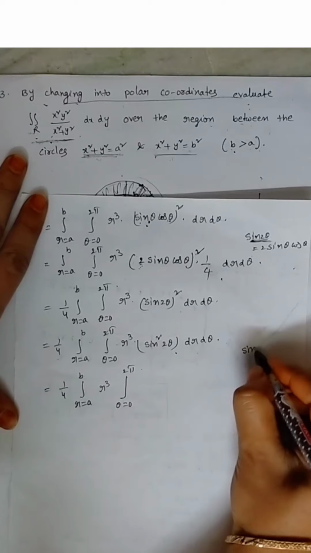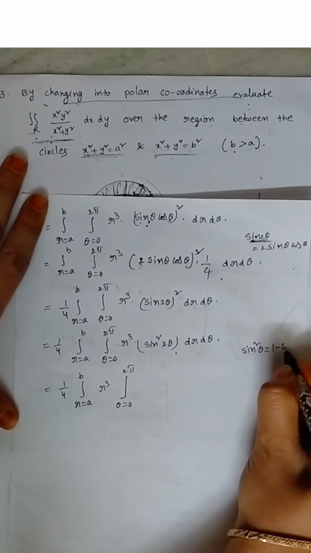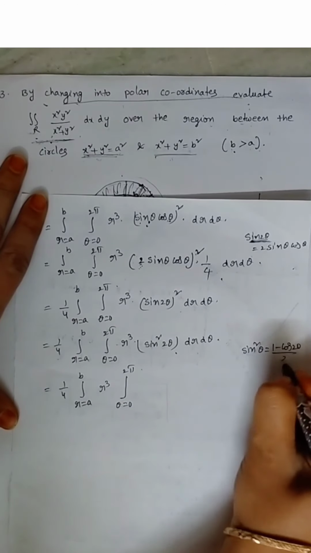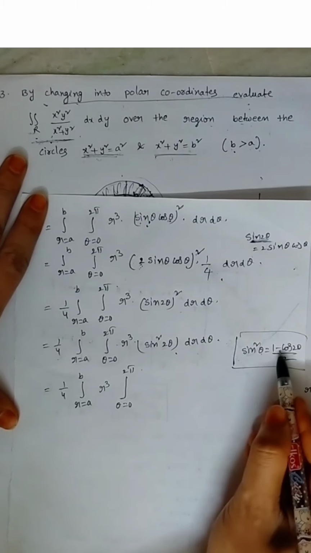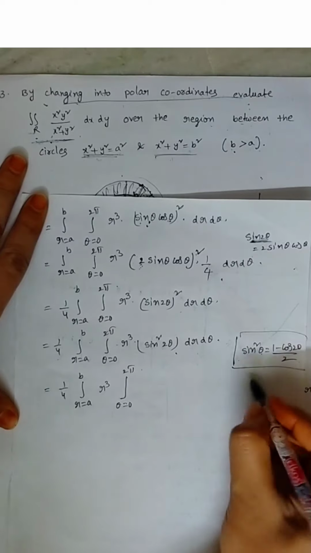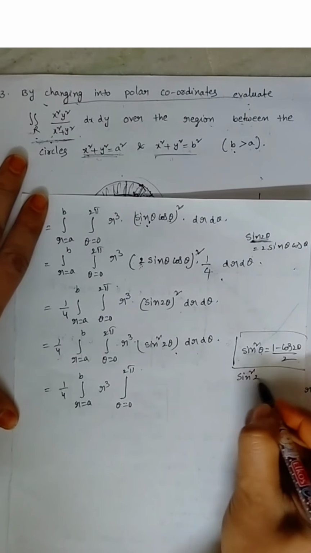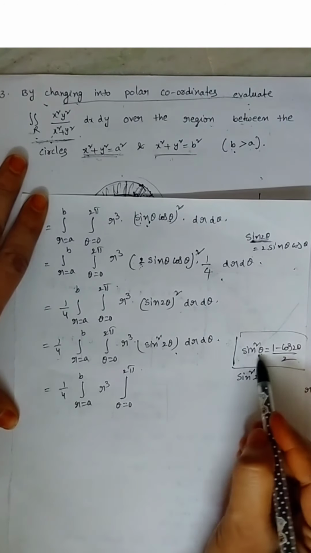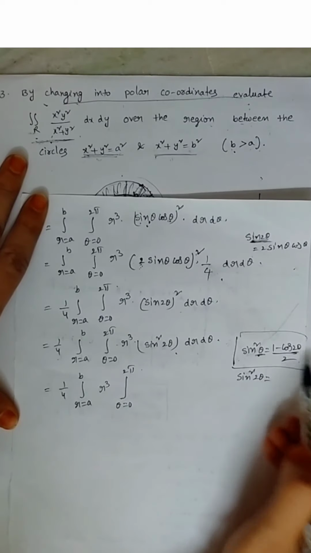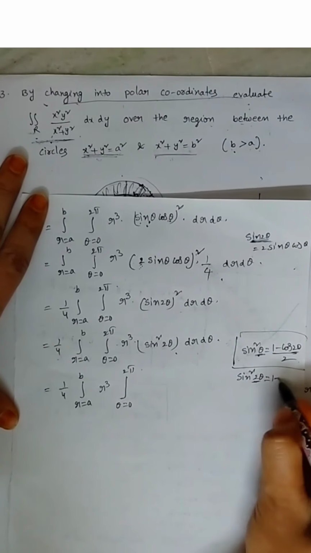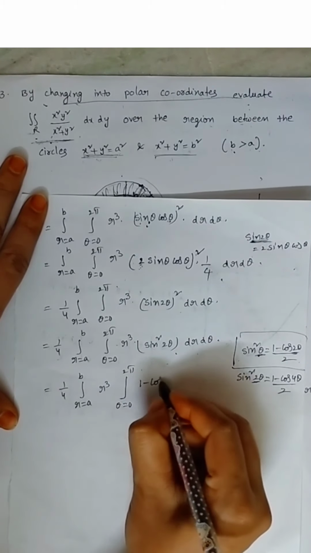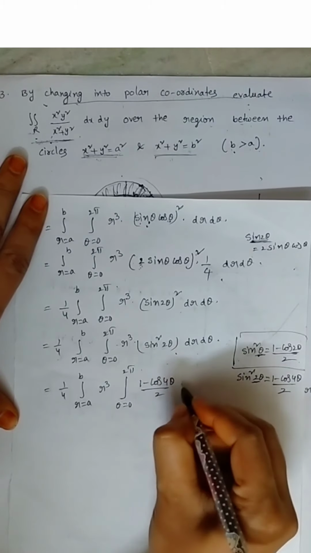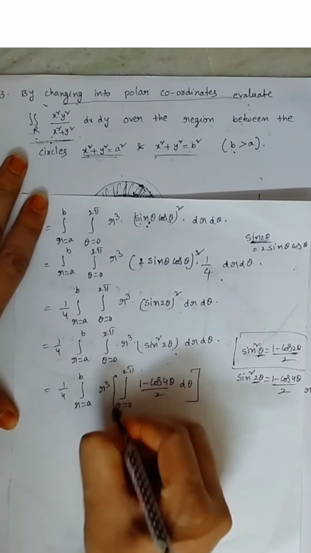We know that sin squared theta equals 1 minus cos 2 theta by 2. So from this, sin squared 2 theta: if it is theta we get 2 theta, so if it is 2 theta we get 1 minus cos 4 theta by 2. So instead of sin squared 2 theta we write 1 minus cos 4 theta by 2 into d theta into dr.